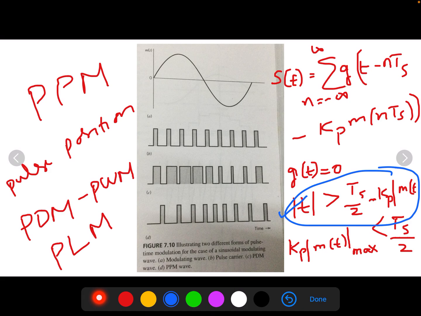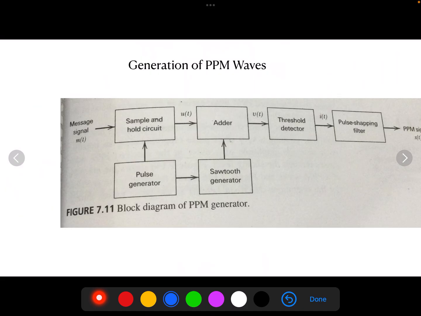Next we will move on to how we will generate the PPM waves. Generation of PPM waves. In the previous slide we have seen the equation of PPM waves.